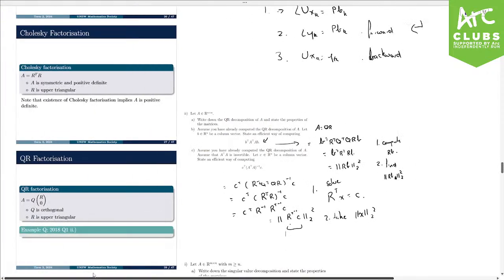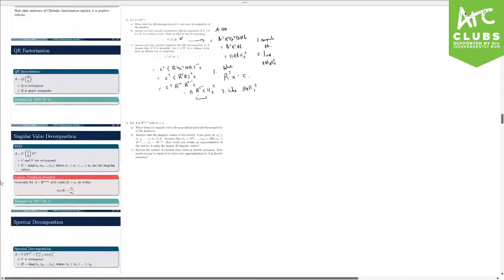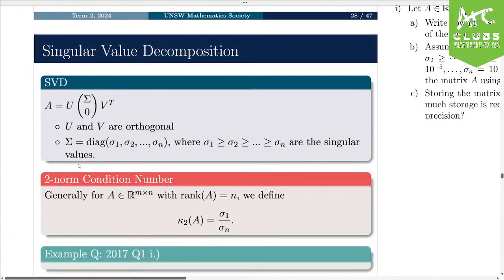Okay. The next factorization is the singular value decomposition, so that decomposes A into 2 orthogonal matrices and a diagonal with extra zeros, with its singular values.